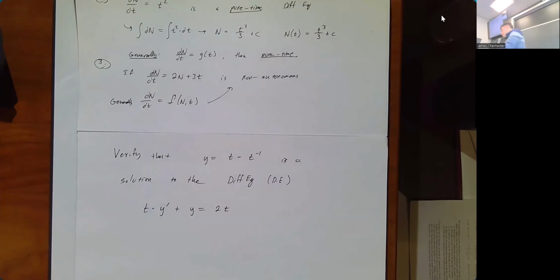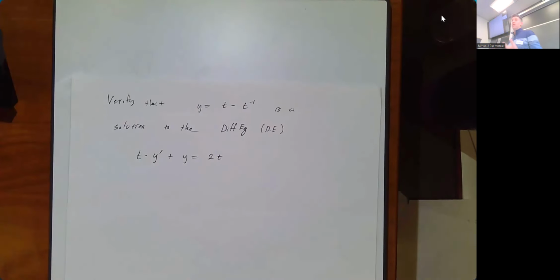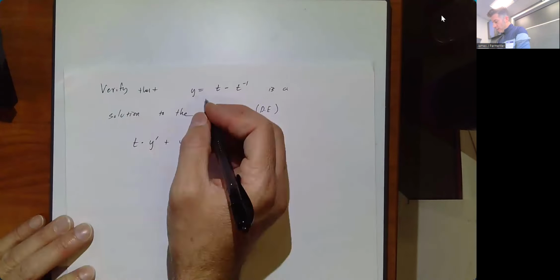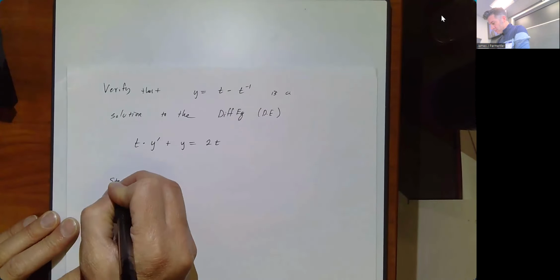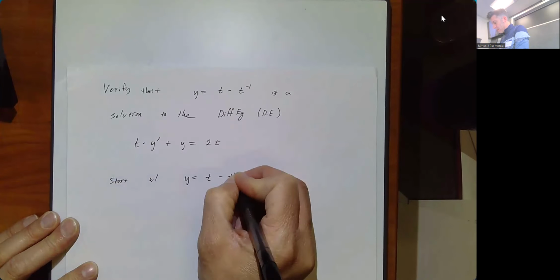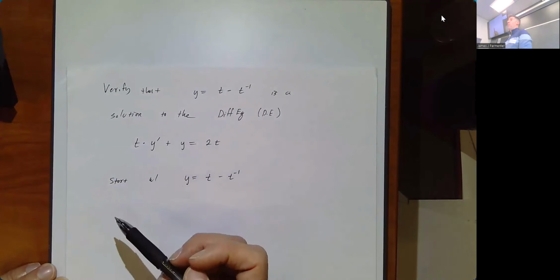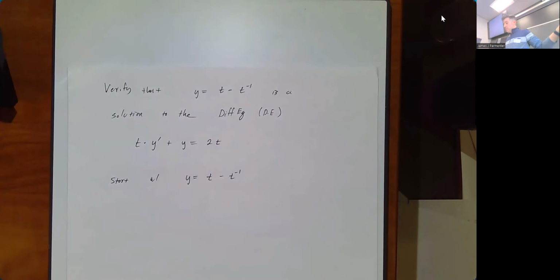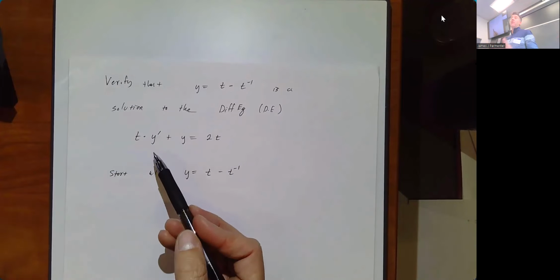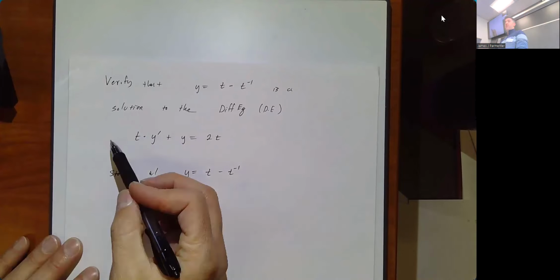These problems at first always seem harder than they really are. So here's what you want to do. Start with y equals t minus t to the negative 1. Look at your differential equation. Other than y, what other derivatives do I have? I have the first derivative. So find those, or maybe your differential equation has a second and a third derivative. Find all the derivatives that are in your differential equation.